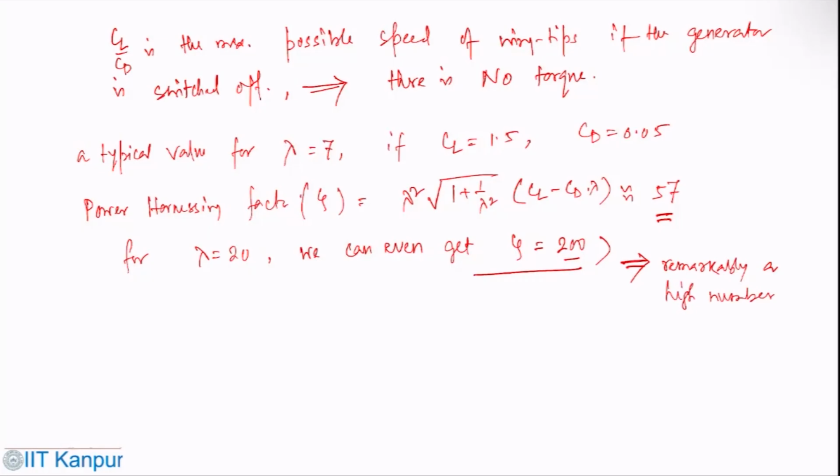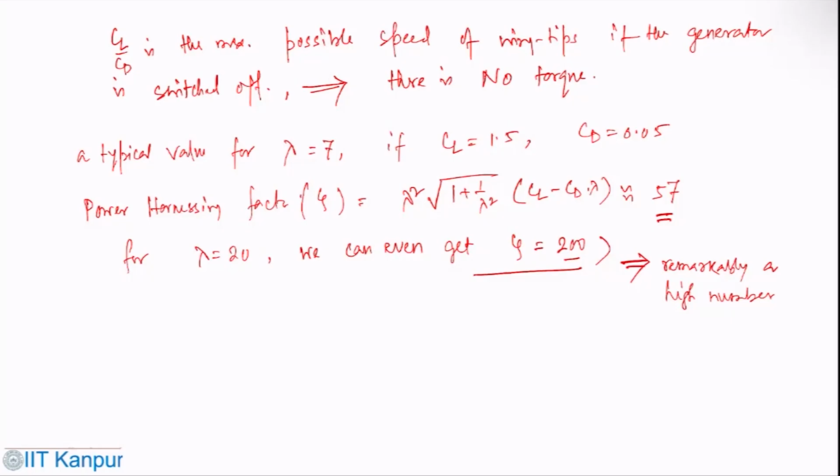So now this power harnessing factor shows how many times more power a blade area can harvest compared to the energy in the wind which would pass through a window of the same size as the blade area.